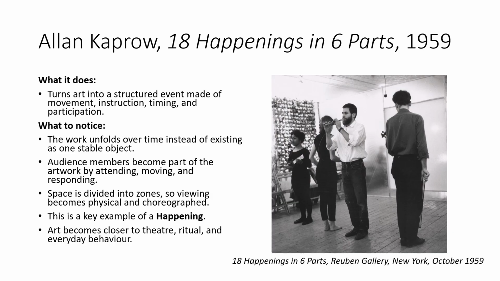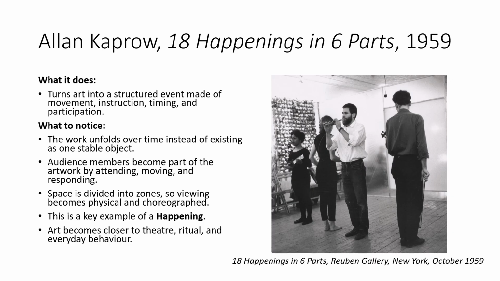What does this work do? It turns art into a structured event made of movement, instruction, timing, and participation. The first thing to notice is that it unfolds over time. You cannot understand it all at once in a single glance the way you might approach a painting. It has duration. Second, audience members become part of the artwork simply by attending, moving, and responding.